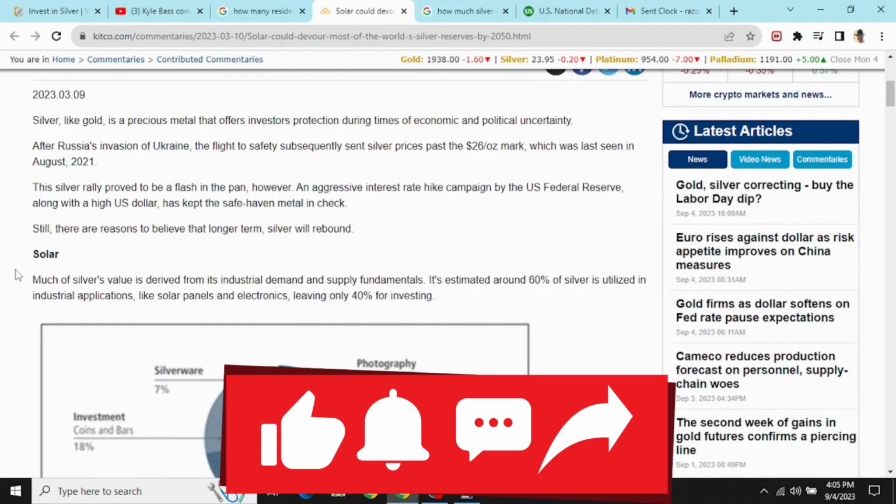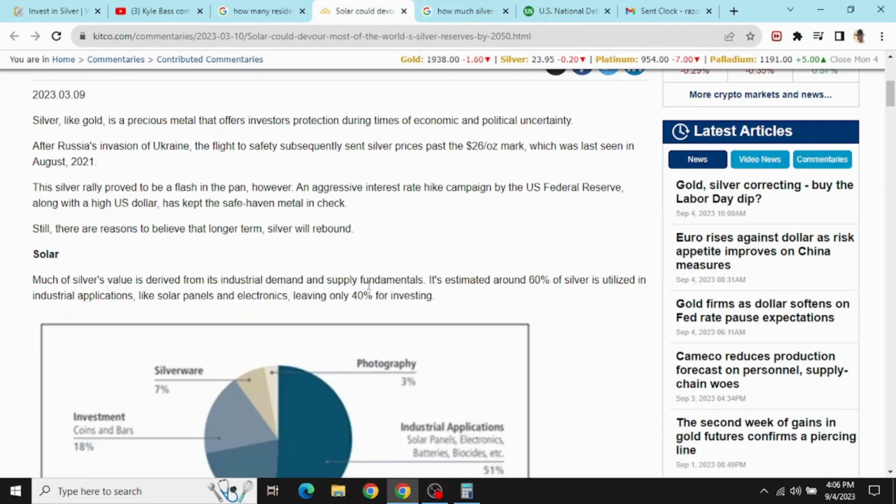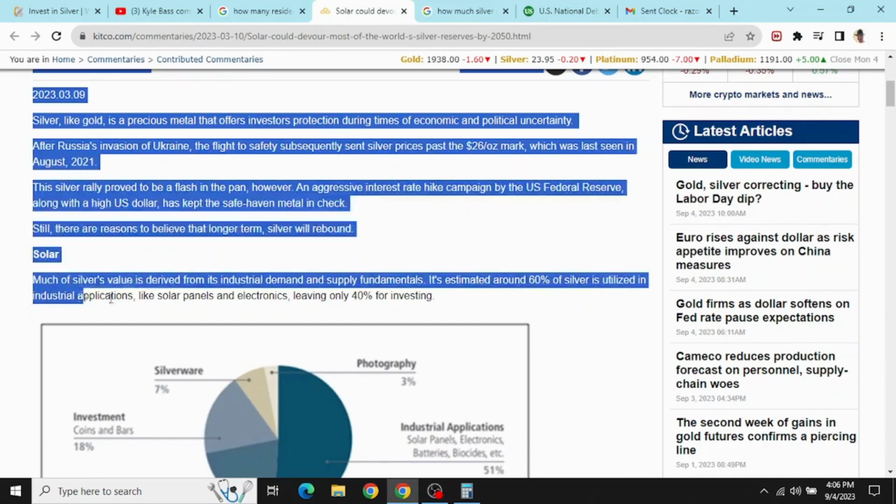So if we scroll down here, we'll see that much of silver's value is derived from the industrial demand and supply fundamentals. It's estimated around 60% of silver is utilized in industrial applications like solar panels and electronics, leaving only 40% for investing.